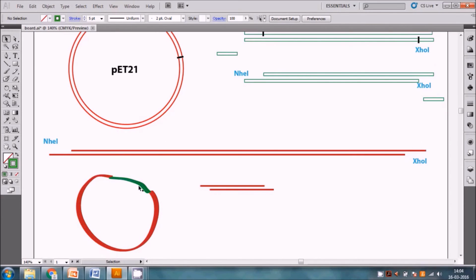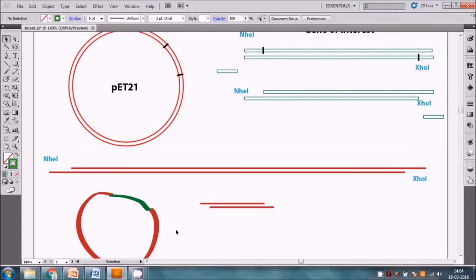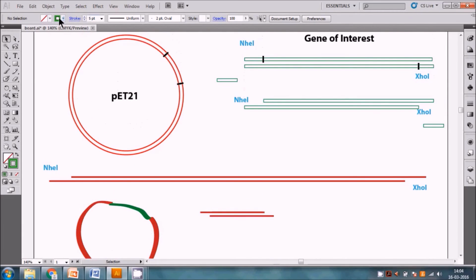So this is your pET21, and this is your gene of interest, which will bind. In real time, it will look something like this. And here your gene of interest will go. That's how it will attach, forming a chimeric DNA.